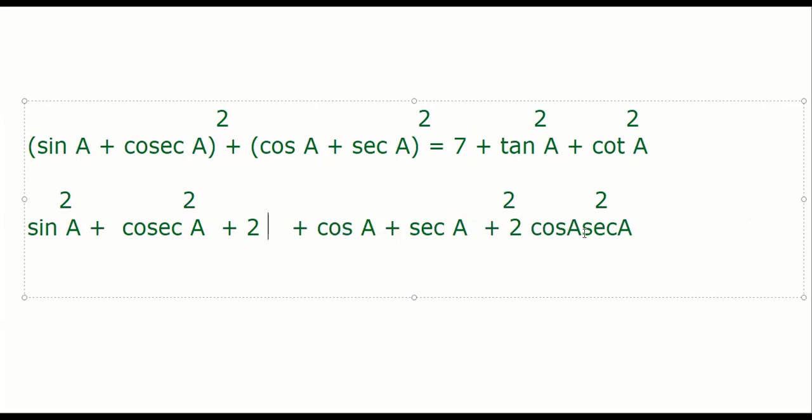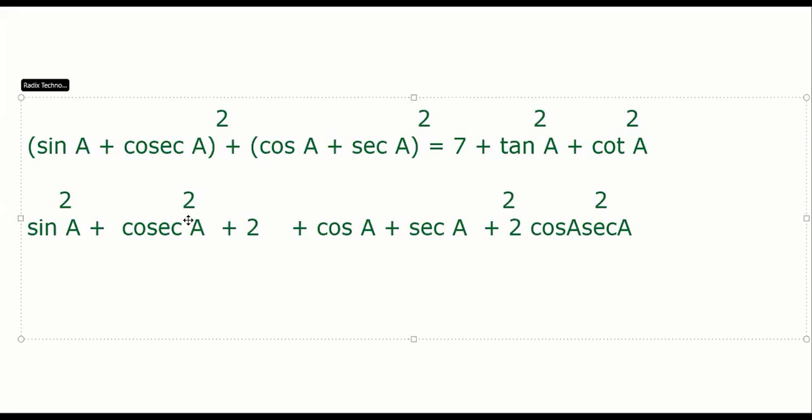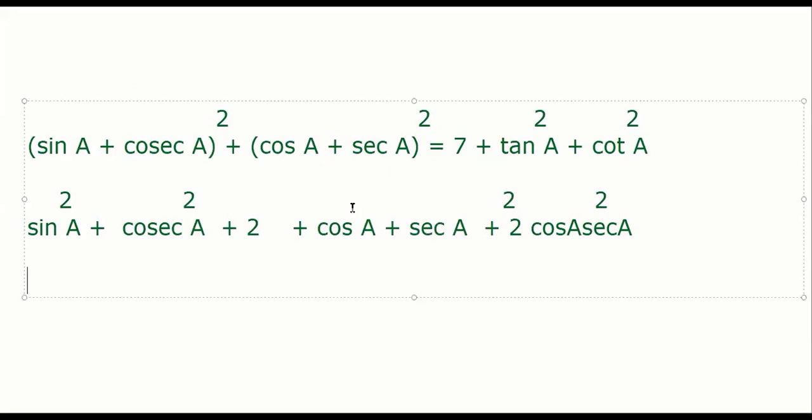Then, because I cancelled this, my squares are changed. What happened? So it was cos square A. Correct?